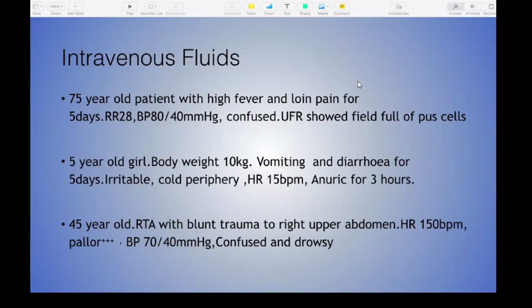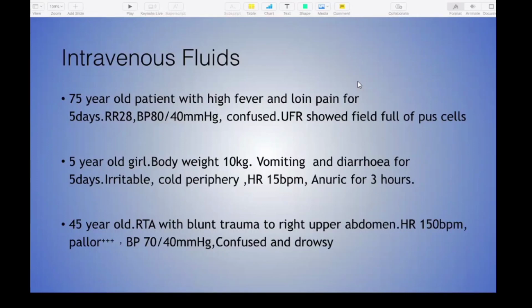If you are in the surgical ward or the medical ward, you might get these types of patients. Second one, if you are the medical officer in the pediatric ward, you might get a 5-year-old girl with body weight 10 kilos, with vomiting and diarrhea for about 5 days.